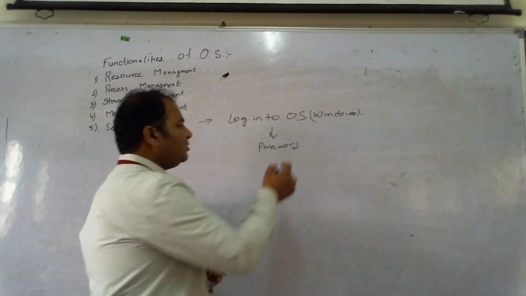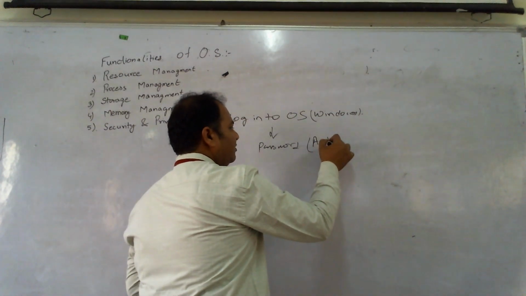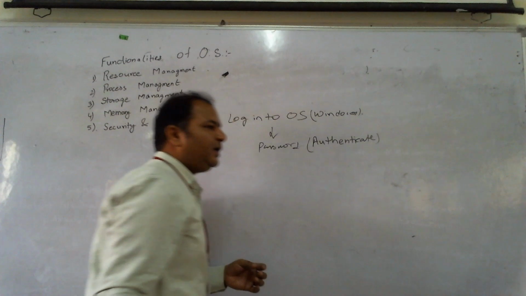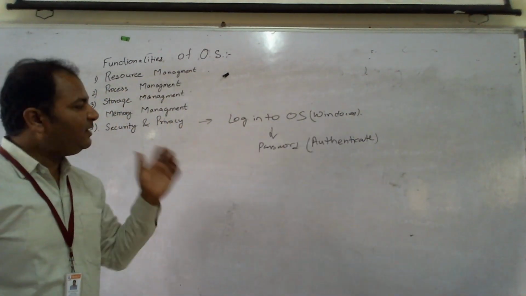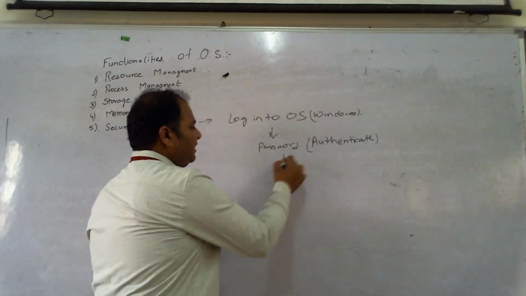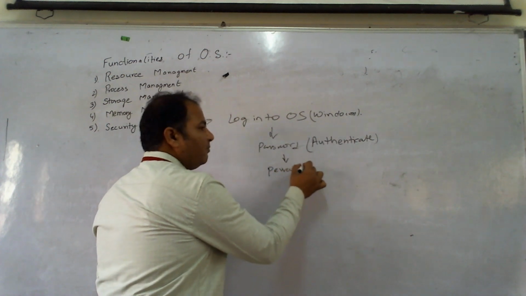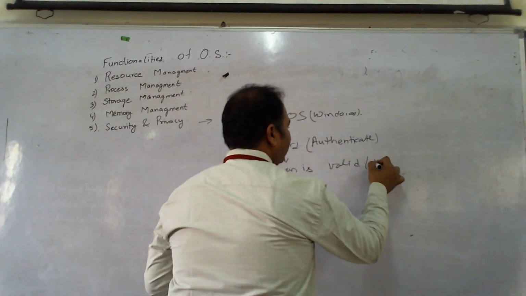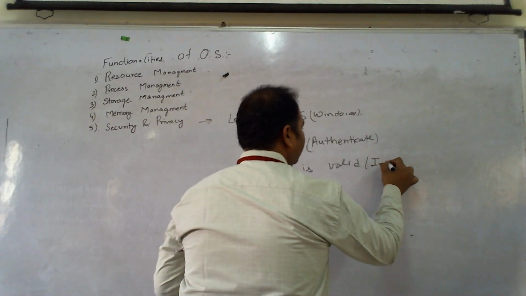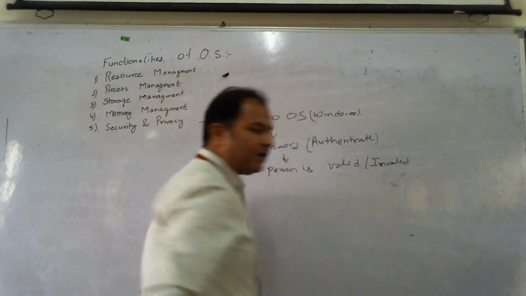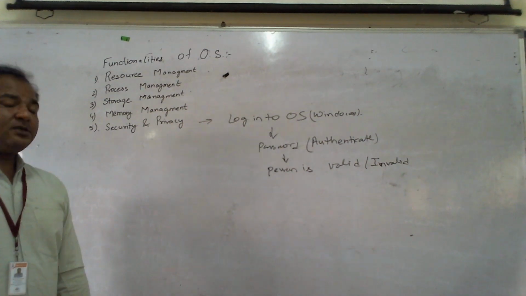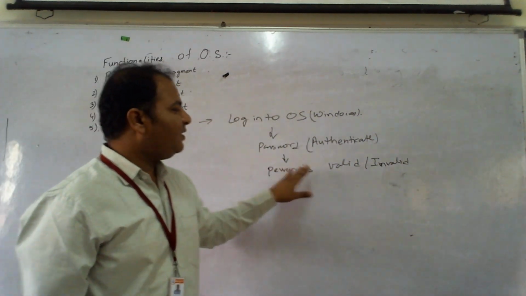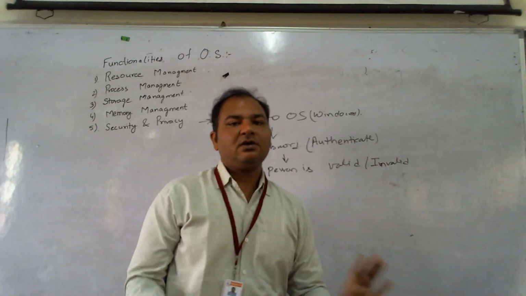For which purpose? To authenticate. Authenticate means determining whether the person is valid or invalid. If the person knows the password, then only it will authenticate. Otherwise, it will say that the password is wrong.